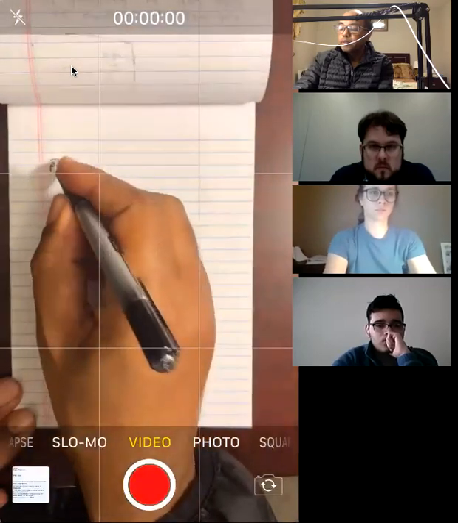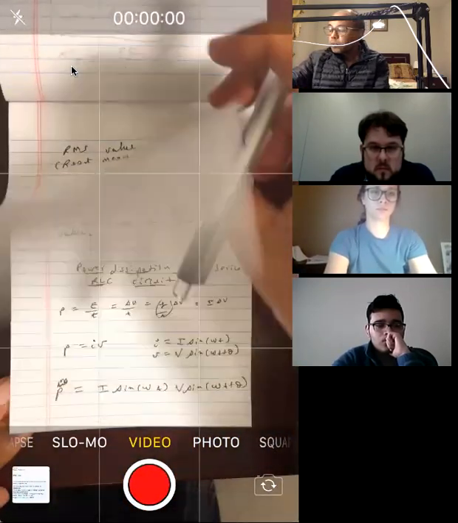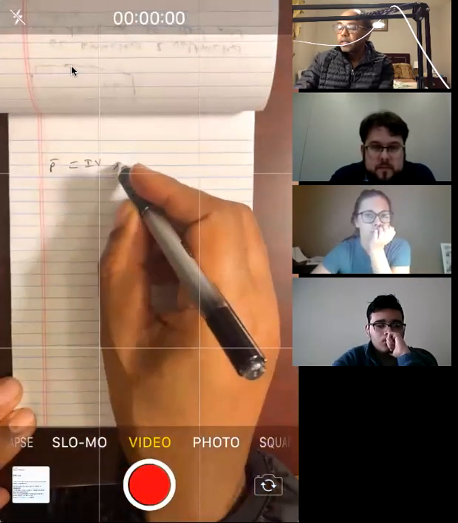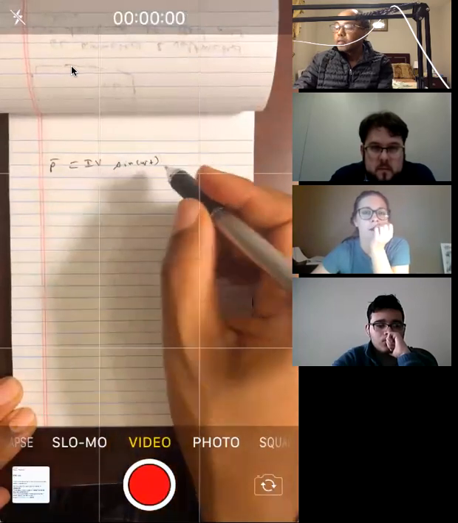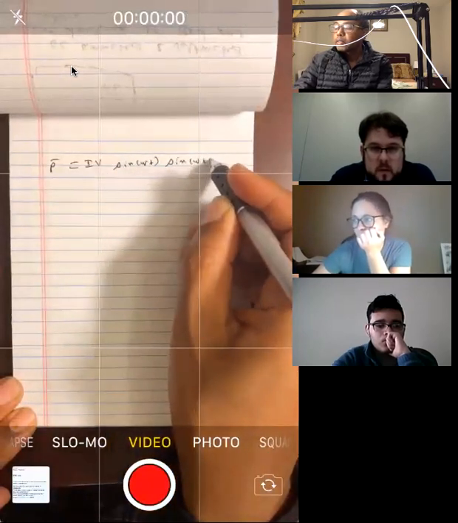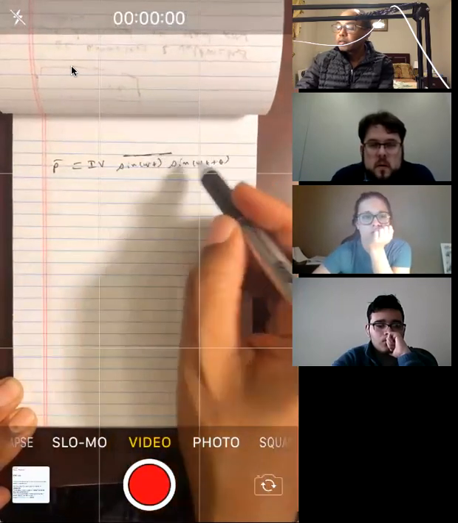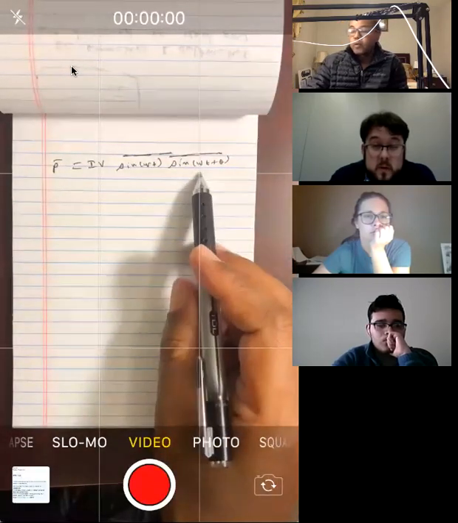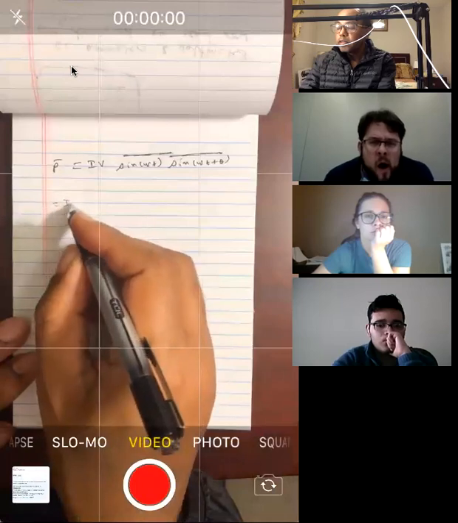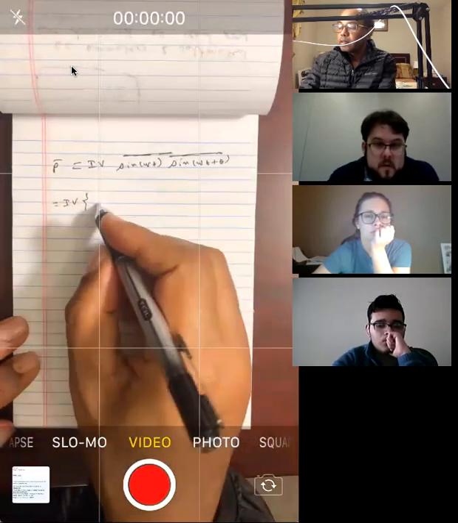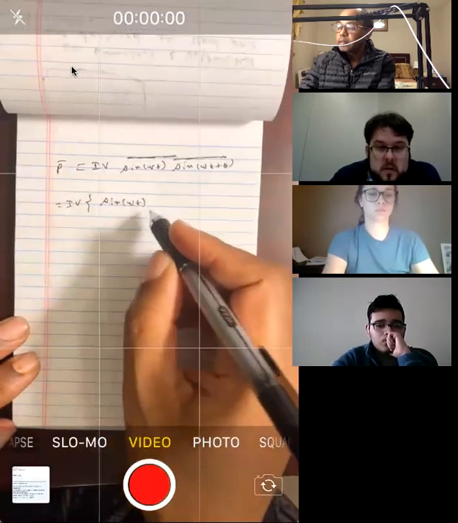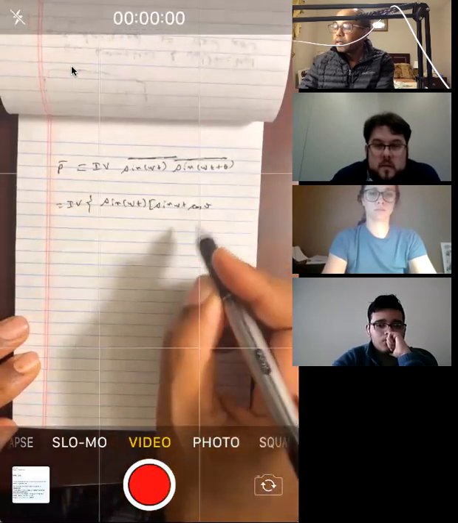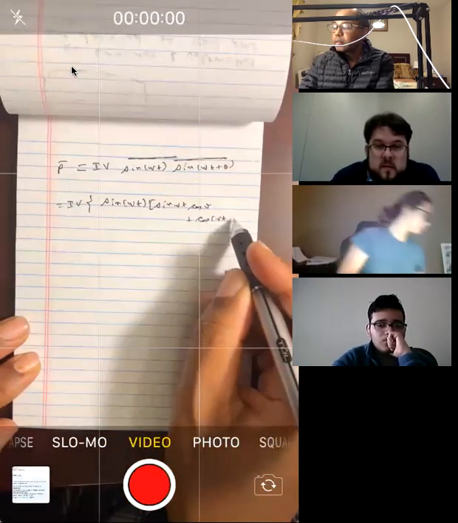The average would be the average of, well, we can put the amplitudes outside, they're constants: I, V, and then sine omega t times sine of omega t plus theta. We want to calculate the average of this function, so I'm going to expand it. This equals IV, sine omega t, times sine omega t cosine theta plus cosine omega t sine theta.